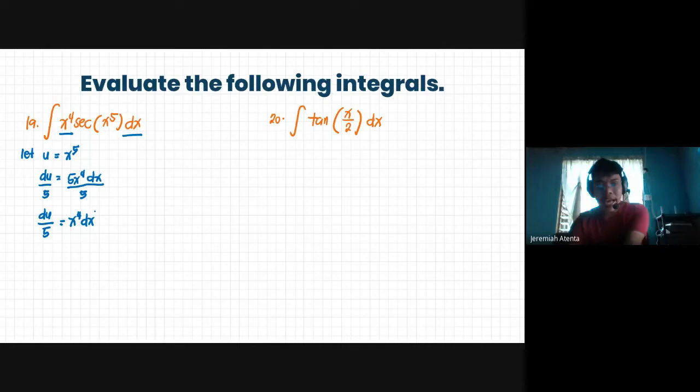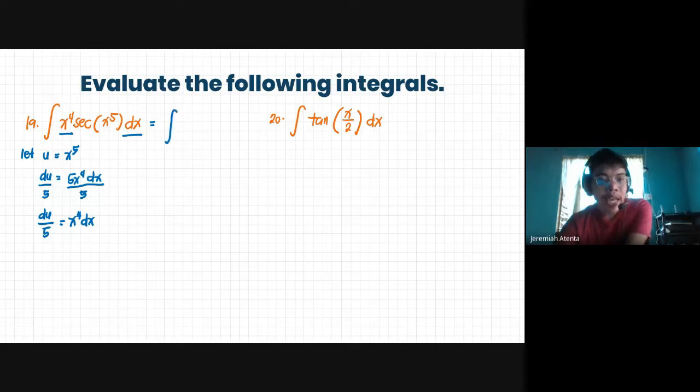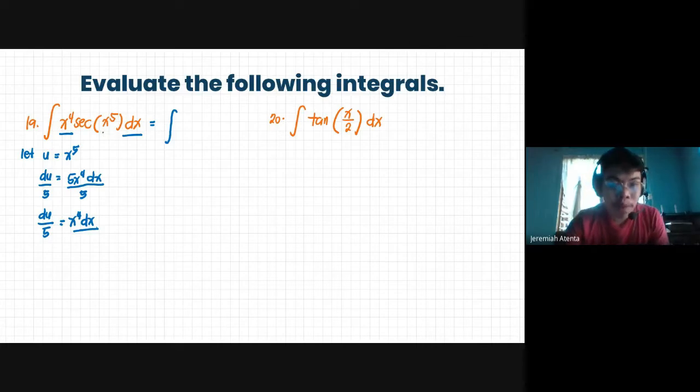Right? So from that, we will simplify this integral. We have it here: x to the power of 4 dx is equal to du over 5. So therefore, it will be replaced by du over 5 and this x to the power of 5 will be replaced by u. So this will become secant of u and x to the power of 4 dx is just du over 5, right?